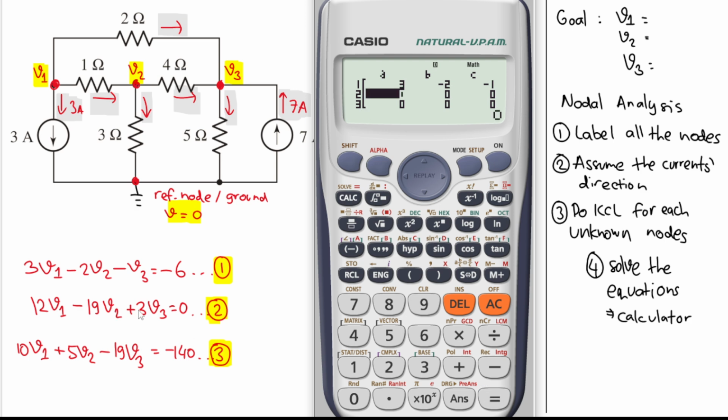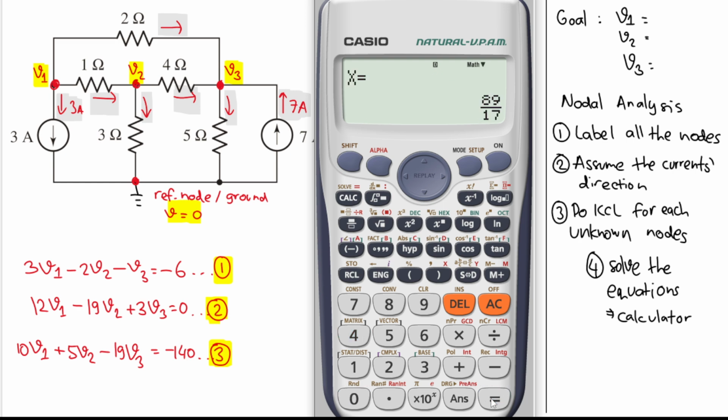Good. And then the second one, I will have 12, and then minus 19, and then 3, and that will equal to 0. Okay, let's plug in 0 there. And then we will have 10, then 5, then minus 19, and that will equal to minus 140.